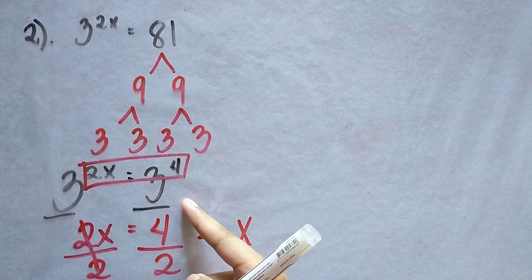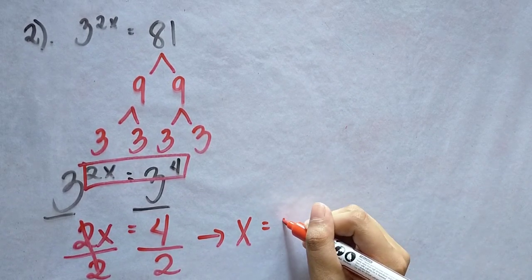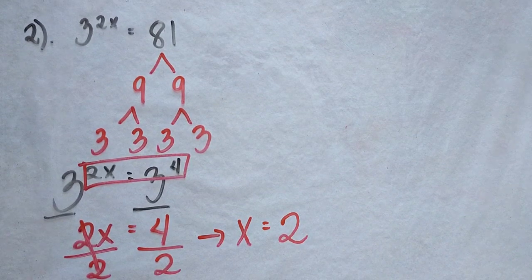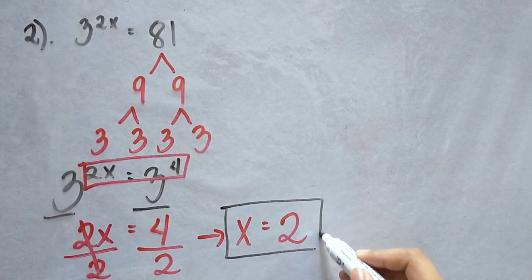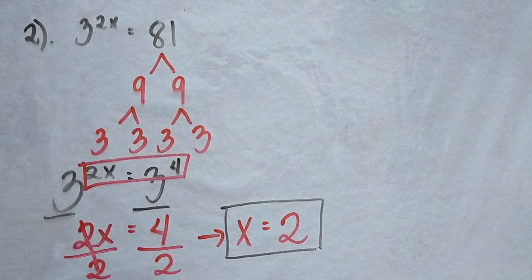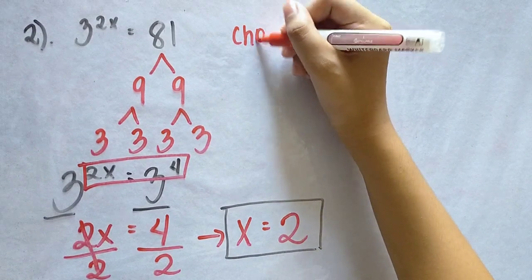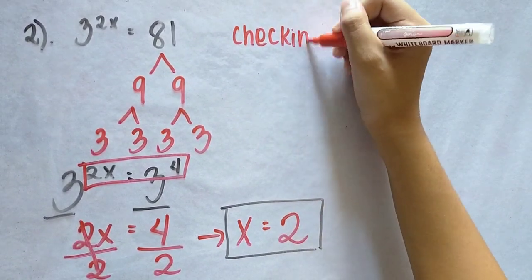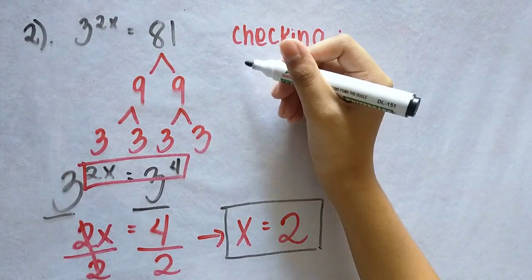X, 4 over 2 or 4 divided by 2 is equals to 2. Now, nakuha na natin yung hinahanap. X is equals to 2. Punta na tayo ngayon sa checking, which is actually my favorite part. Again, copy this. Tingnan natin kung magiging tama ba siya.